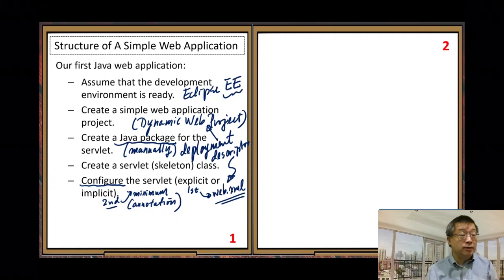Things like that. Just passing the most important information in the annotation. Otherwise, the server does not know how to use your servlet in correspondence to the right request, right?